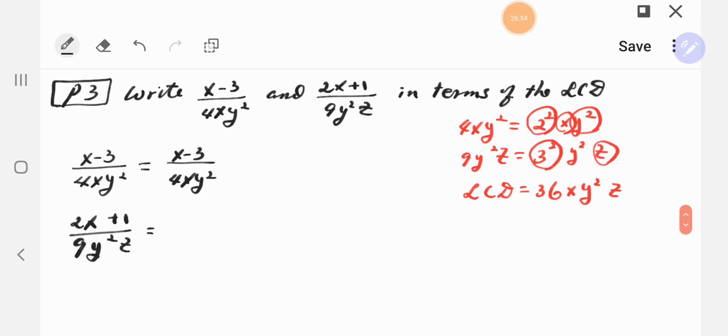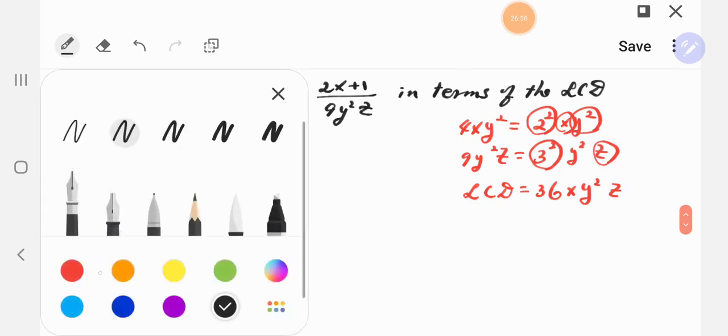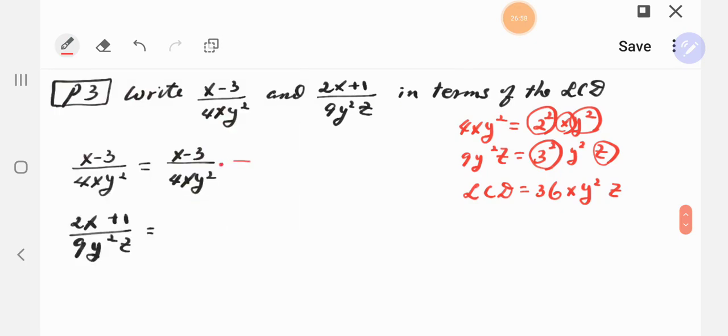So the denominator should be the LCD, which is 36 x y squared z. So in order to make this denominator, 4 should be multiplied by 9. So 4 times 9 is 36.